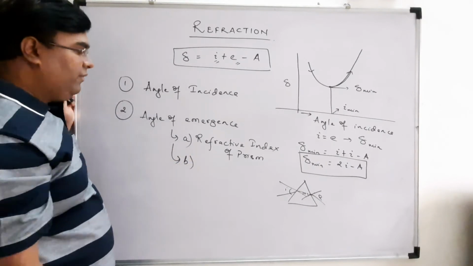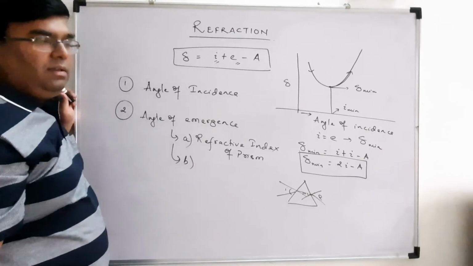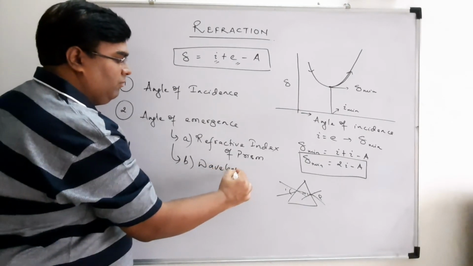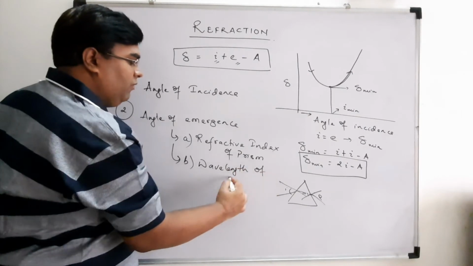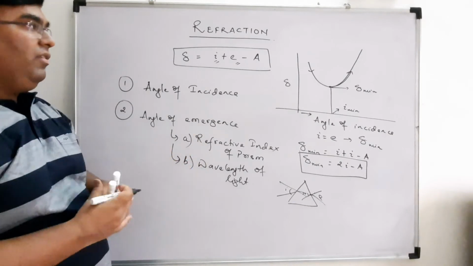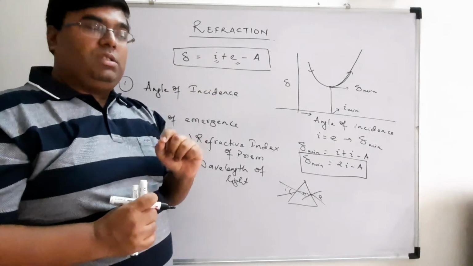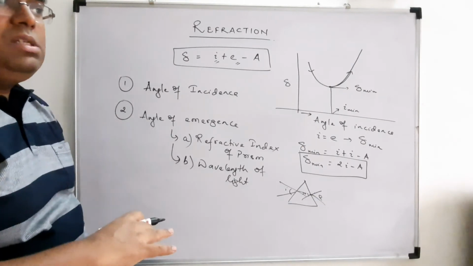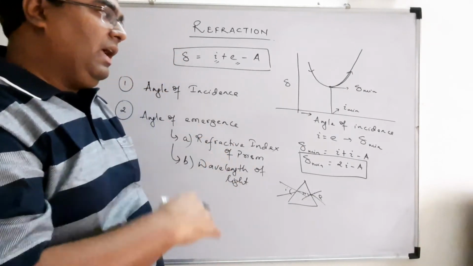The second point is that the angle of emergence will also depend on the wavelength of light. For different wavelengths we have different angles of emergence. Hence for red light we have a different angle of emergence, for violet we have a different angle of emergence.